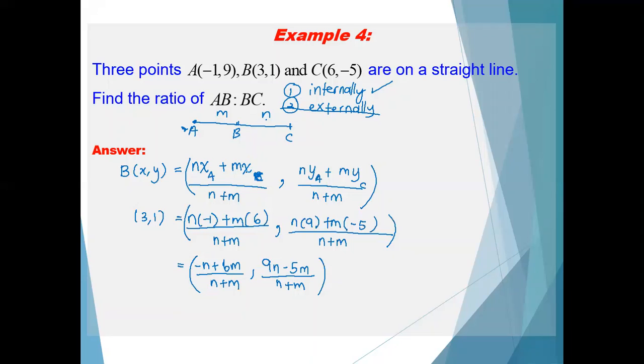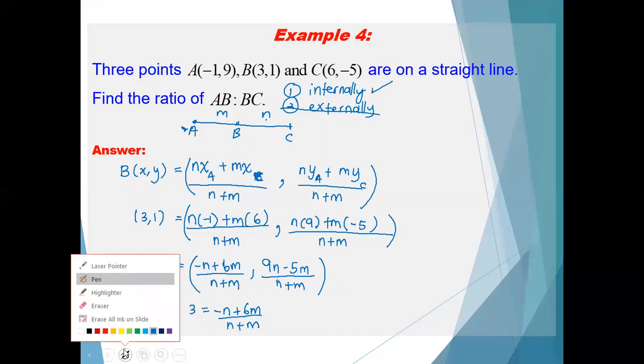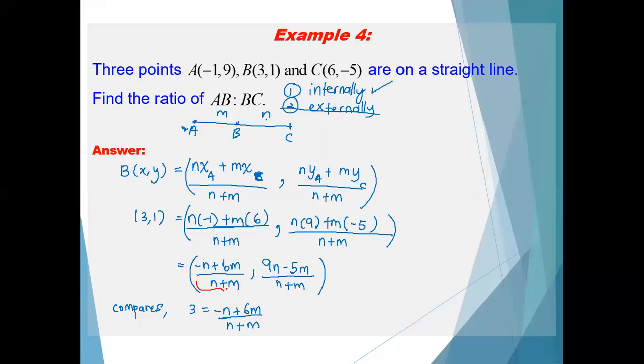So you can compare here. It is actually 3 equal to (-N plus 6M) over N plus M. For those who don't understand, this one is x and this one is y, and this one is also x.